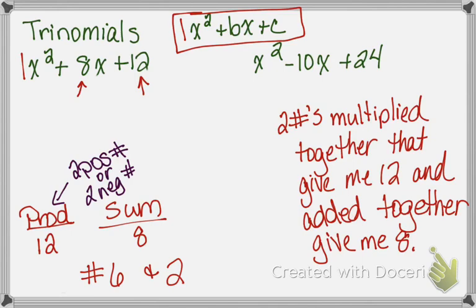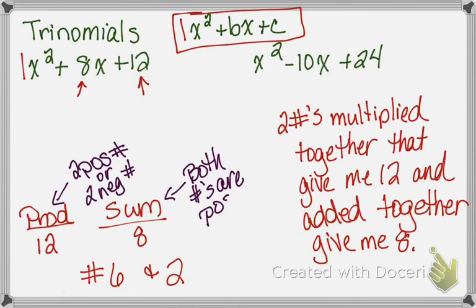Now, if I have a positive product and a positive sum, what does that tell me? They're both positive. So because I have a positive product and a positive sum, I can definitively say that both numbers are positive.